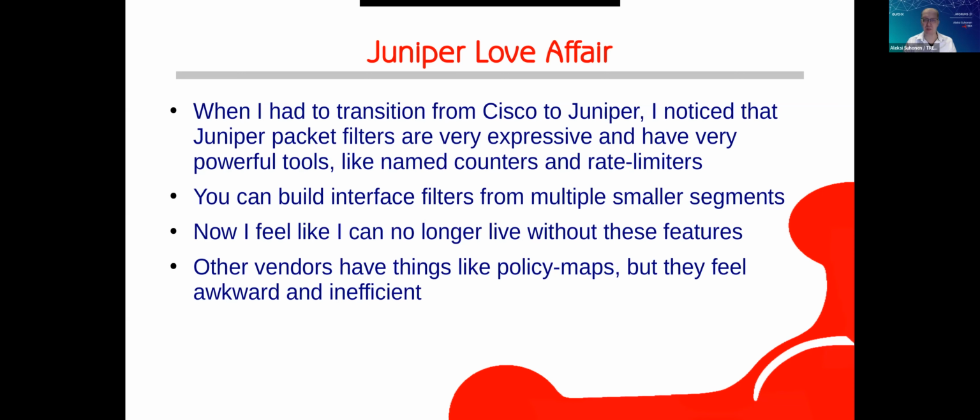They had named counters, they had rate limiters, you could share rate limiters between firewall rules, or you could have standalone rate limiters. You could build interface filters from multiple smaller pieces and so on.